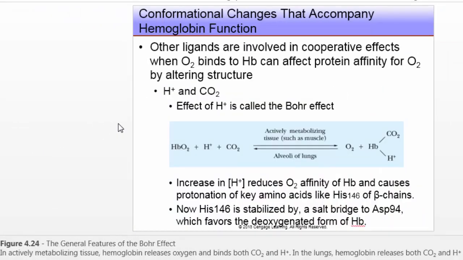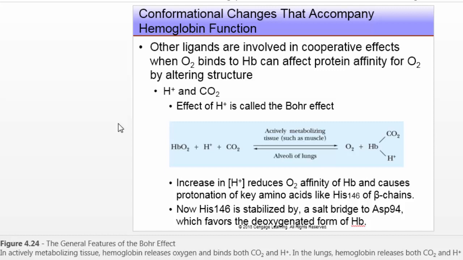Now, other ligands are involved in cooperative effects when oxygen binds to hemoglobin. Both H plus and CO2, which themselves bind to hemoglobin, affect the affinity of hemoglobin for oxygen by changing the protein's three-dimensional structure in subtle but important ways.